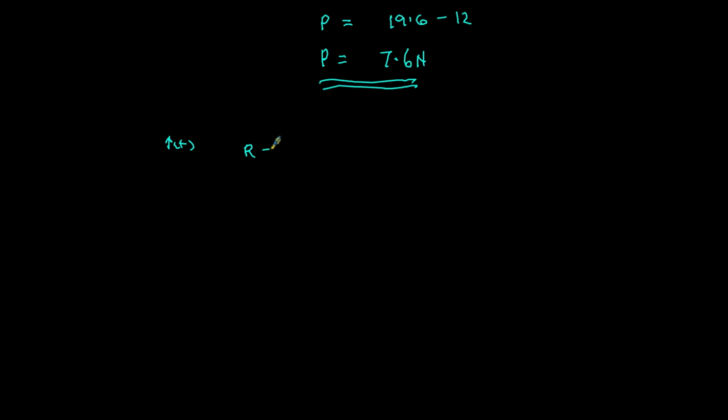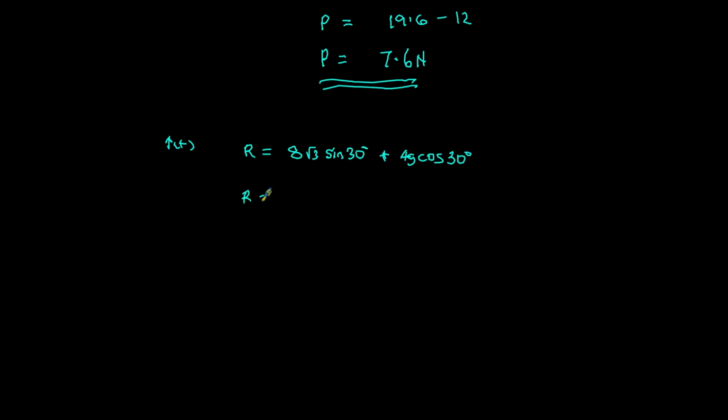R is equivalent to 8 root 3 sine of 30 degrees plus 4g cosine of 30 degrees.